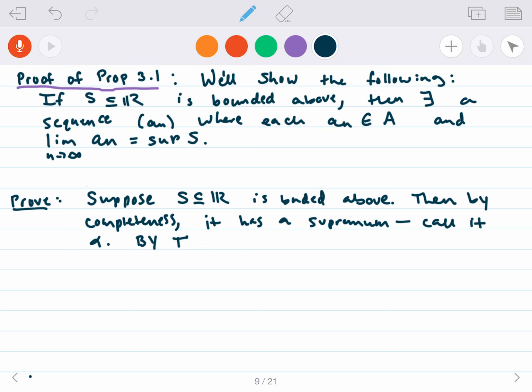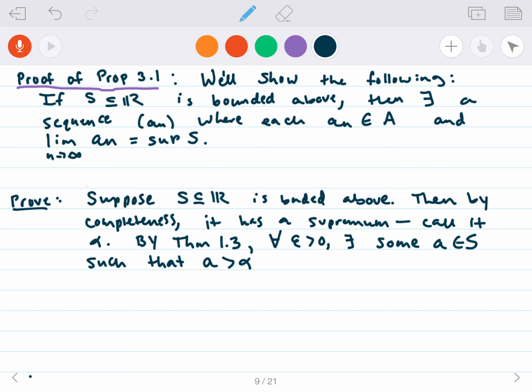By theorem 1.3, supremum analytic, for each epsilon given, there is some little a in our set such that little a is larger than alpha minus epsilon. Okay, so you give me an epsilon, I find you a little a in my set that has this property.